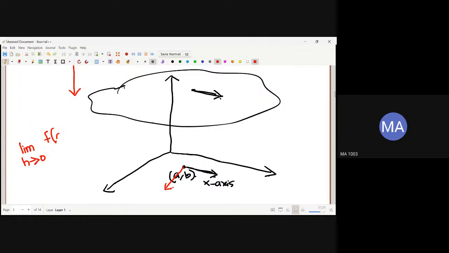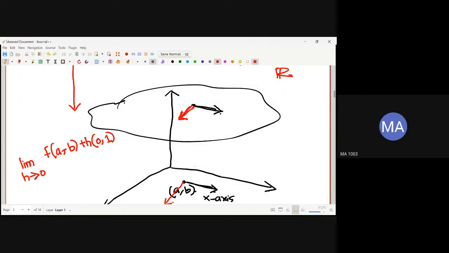So the direction matters. What direction you are choosing, that matters, because now you are in 3D. This line will give you the change in this direction, and the function can behave completely different in this direction and that direction, because direction matters.